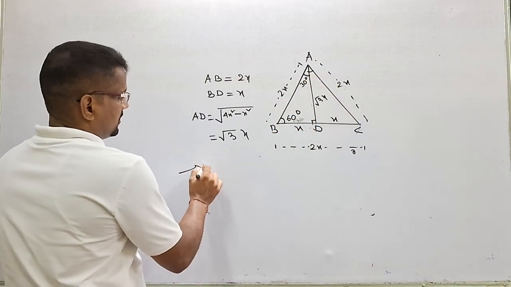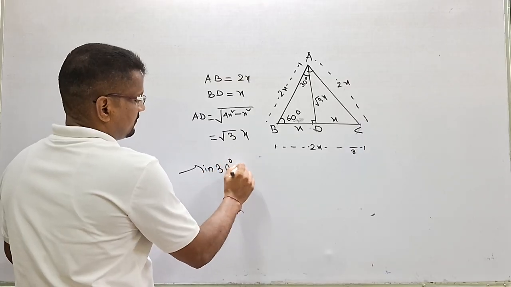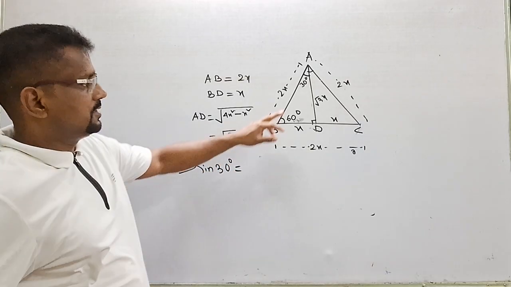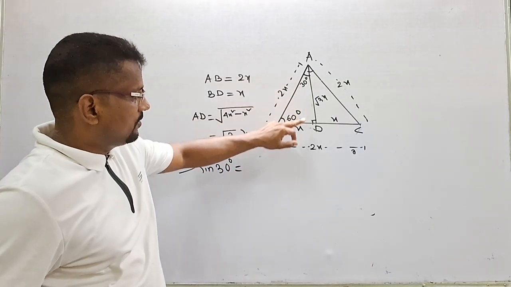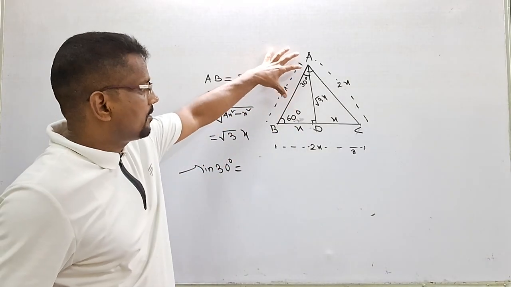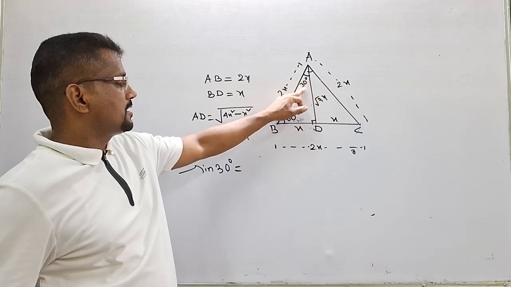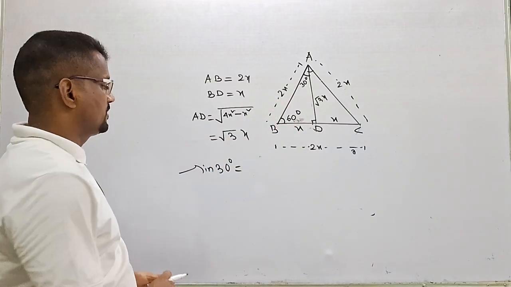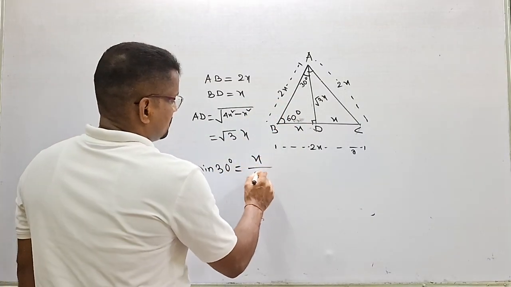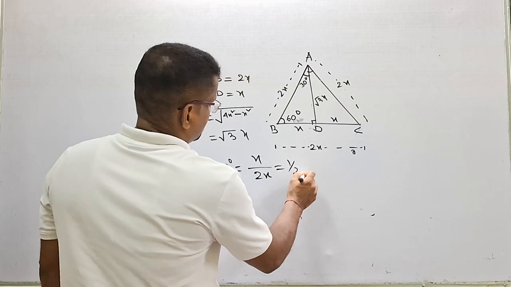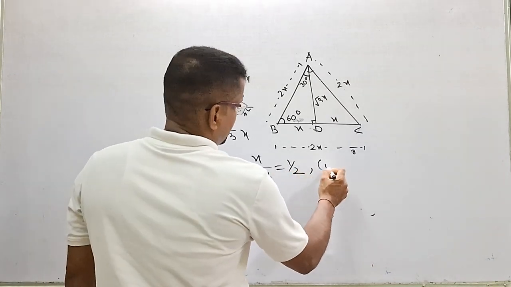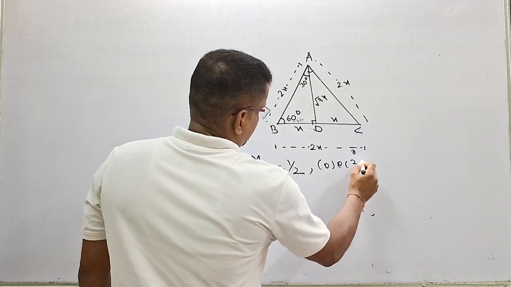Now sin 30 degree. From here you can find out. So with respect to this angle, perpendicular is BD and hypotenuse is AB. That's why sin 30 is your perpendicular by hypotenuse. That is your x by 2x, which is your 1 by 2. Then from here write down cosec 30 degree.